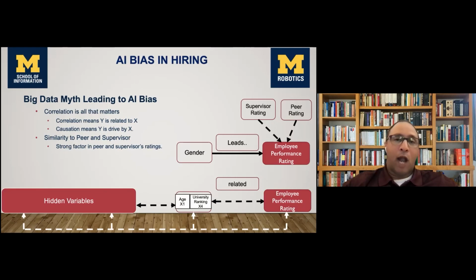So, I love the University of Michigan, but if you're a supervisor who graduated from the University of Michigan, and you went to the University of Michigan, odds are that person is going to give you a higher evaluation, right? You have something in common. And so basically, it looks like university rankings really matter. But what really matters is how similar you are to the people around you and the people evaluating you, right?